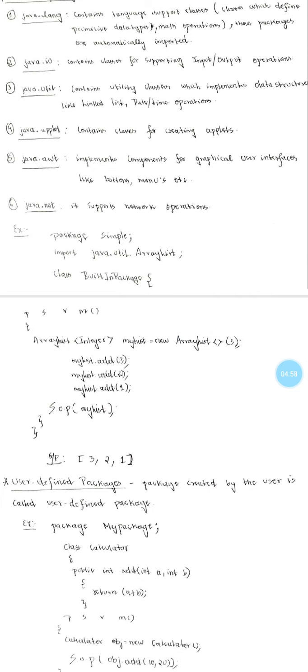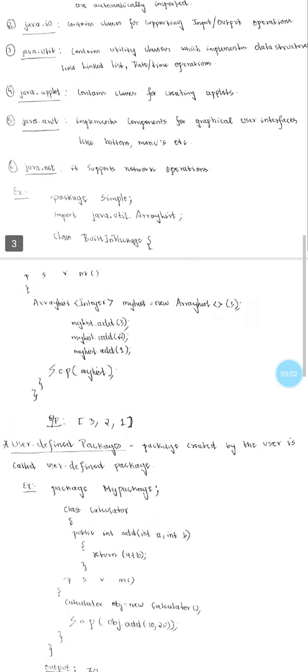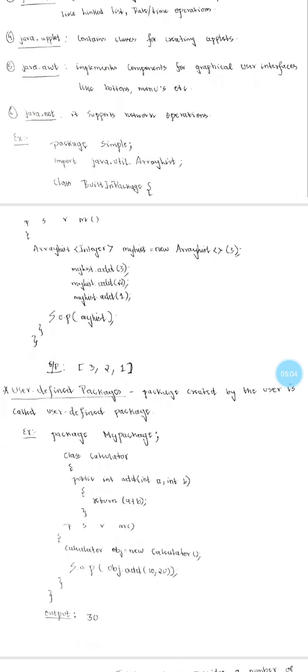Here java is the package, util is a sub package and ArrayList is a class. Now within this package simple I am writing a class BuiltInPackage, and within that I am writing the main method, where this is an example of ArrayList.